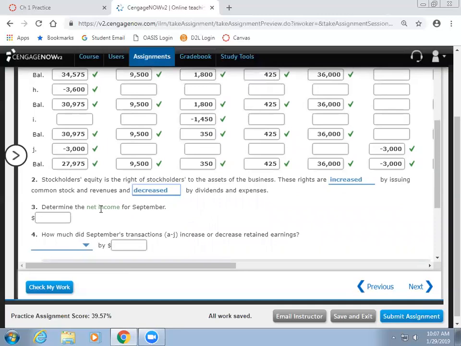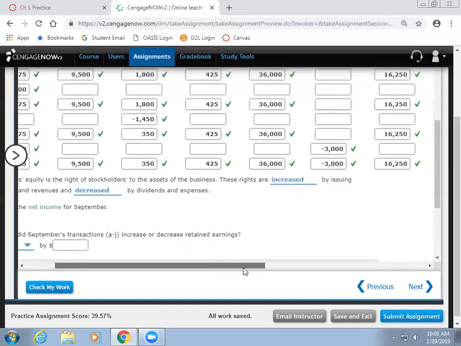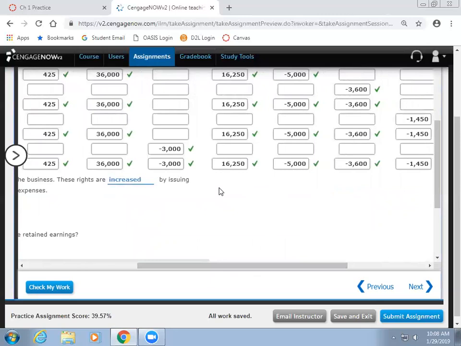Step 3, it says determine the net income for September. Okay, what is the formula? Does anyone remember how you calculate net income? Yeah, revenue minus expenses. So you're going to take your total revenue, which in this case, we only have one revenue account, and that's the fees earned account. So fees earned was what, $16,250?